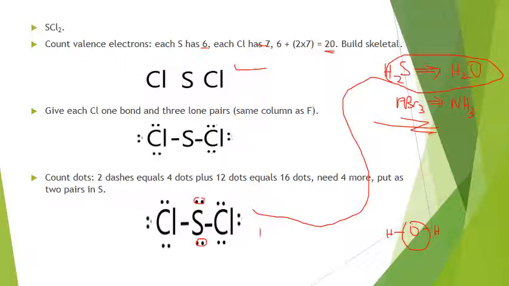This is bent because it has 2 bonds and 2 lone pairs. It's sp3 because it has 4 attachments. Both bonds are sigmas; all single bonds are sigmas. And this is polar because sulfur has both lone pairs and bonds attached to it.